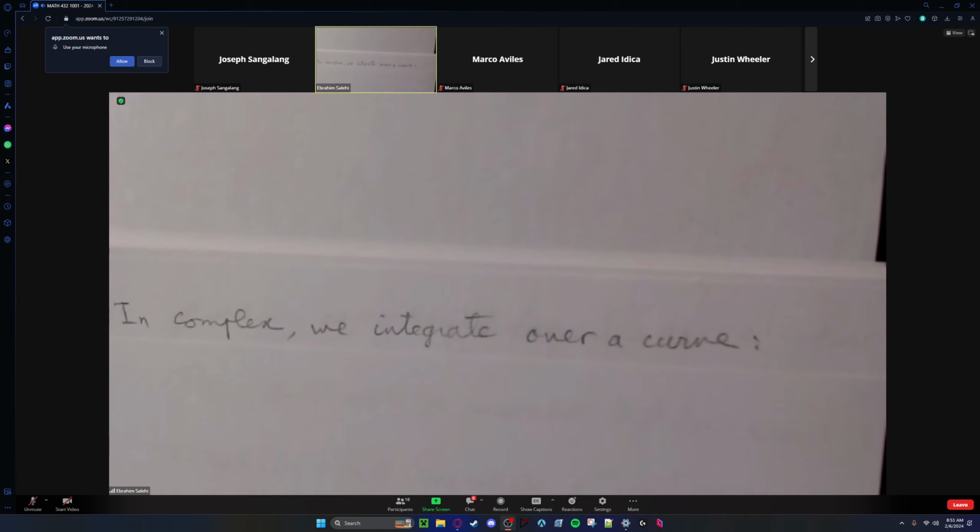You had just single integration in calculus 1. In calculus 3, you had double integration, triple integration, curve integral, line integral. But in complex, we only have one type of integration. And always we integrate over a curve, okay? Good news. In complex, we only integrate over a curve.